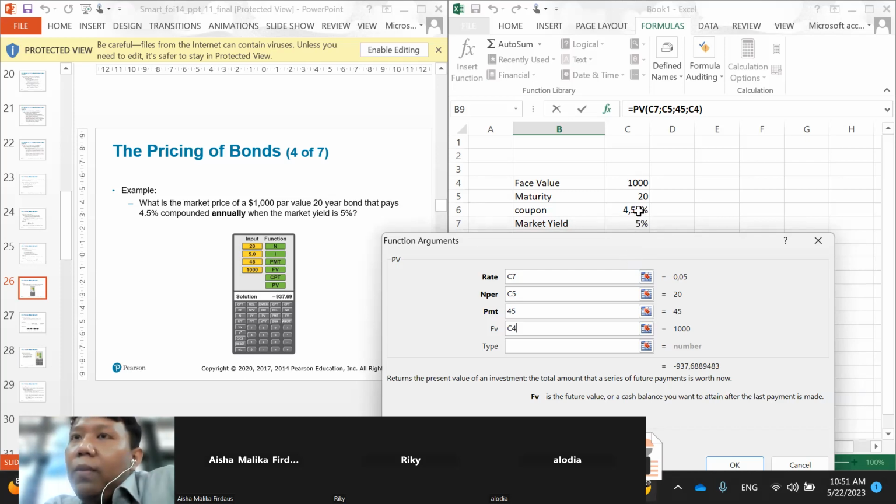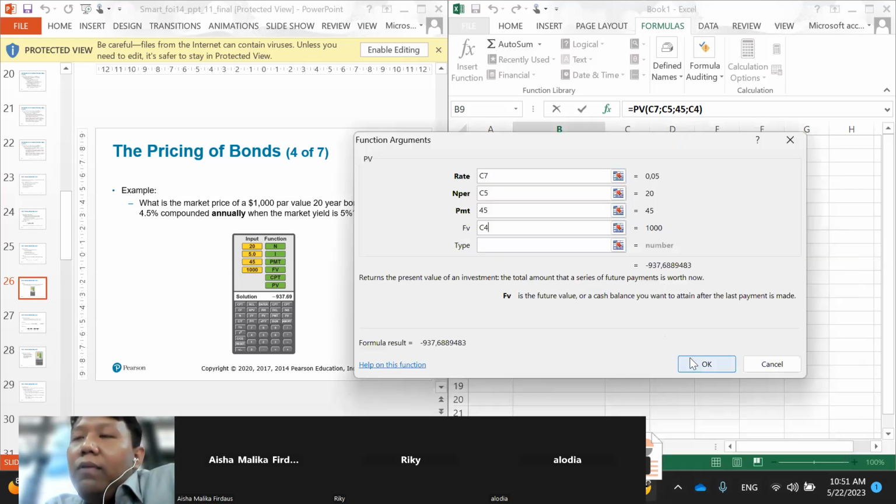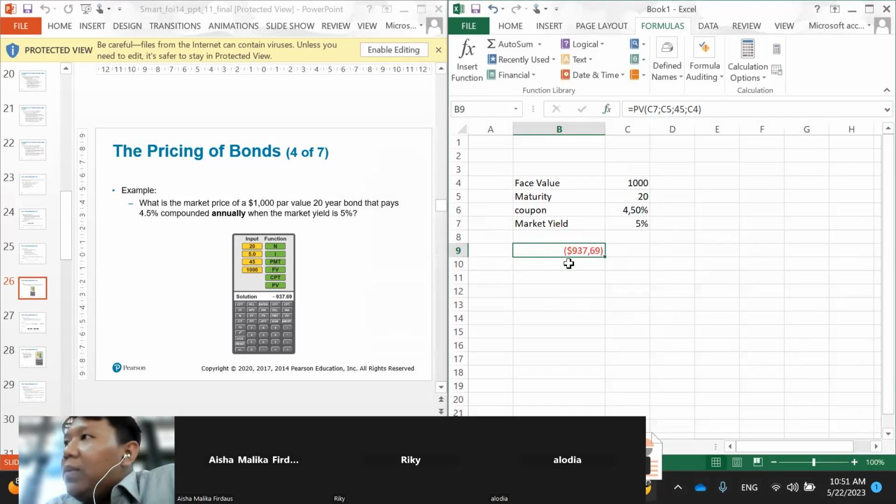When our coupon is giving you less than the market interest rate, we will buy that bond at a discount. So this is the fair value of that bond, and you will buy this kind of bond at 937.7 US dollars. Okay. Do we have any questions?